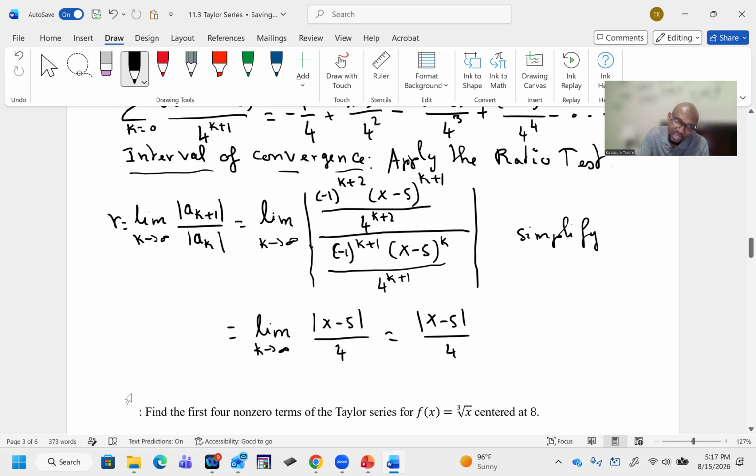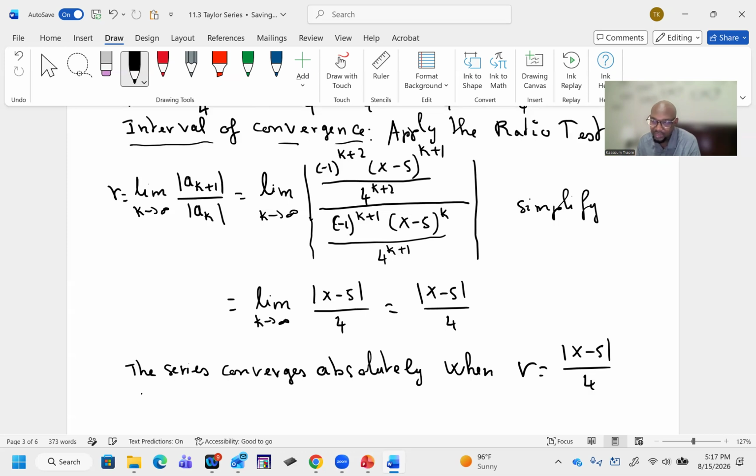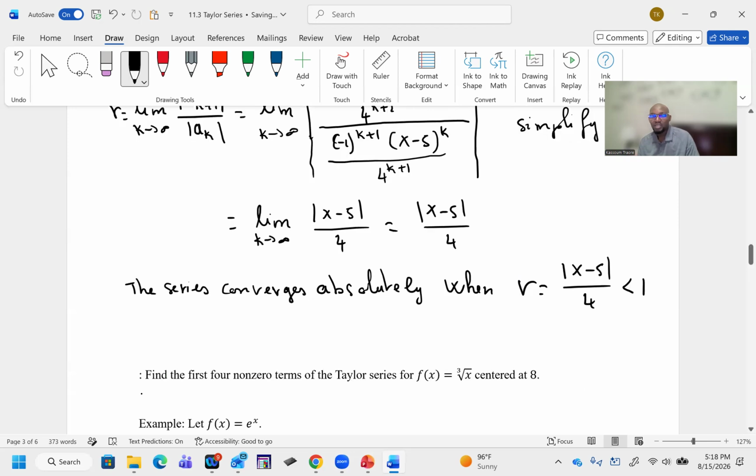So then we will discuss when the series converges, as we know. The series converges absolutely when R, which is the absolute value of (x minus 5) divided by 4, is less than 1. Then you know how to solve this inequality.